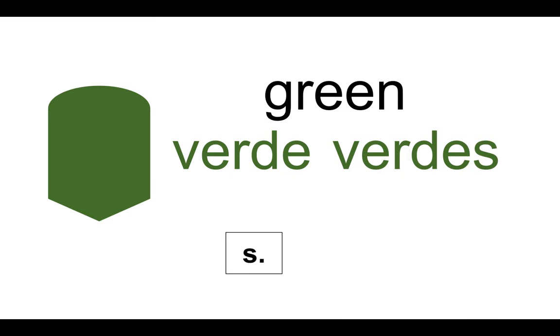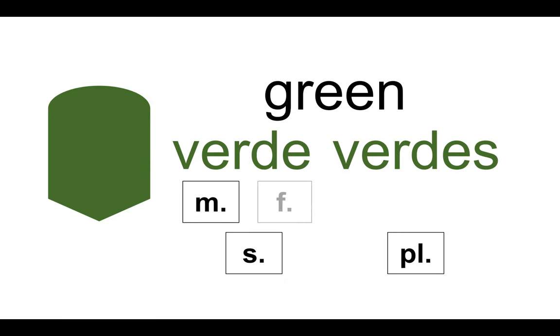"Verde" is the singular form for describing singular items, and "verdes" is the plural form for describing something green that is more than one. "Verde" is for masculine and feminine singular items, while "verdes" is for masculine and feminine plural items.